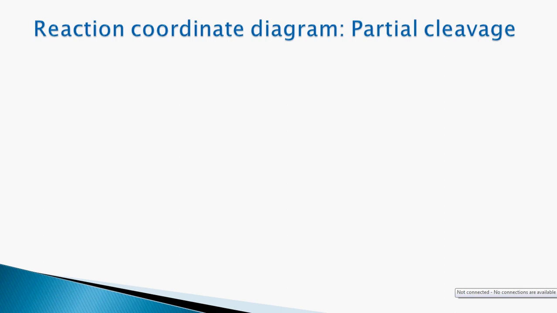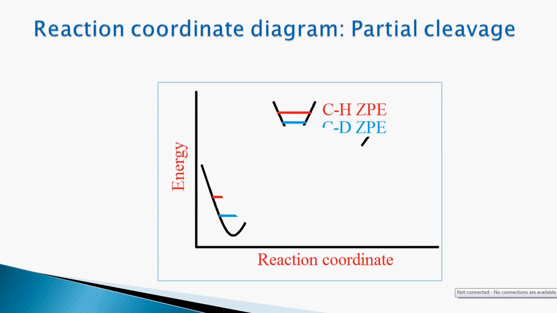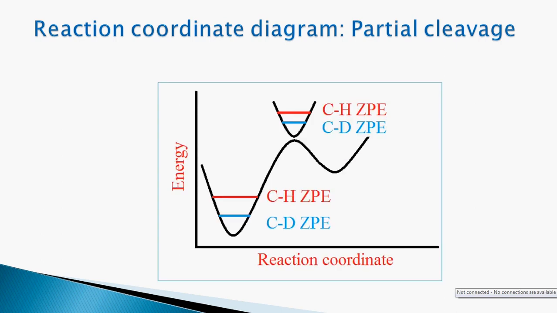So there is another type of reaction coordinate diagram which is represented like this. This is a reaction coordinate diagram that represents partial cleavage at the arrival of transition state. Dear students, it is a reaction coordinate diagram like the previous one, having reaction coordinate on x-axis and potential energy on y-axis.